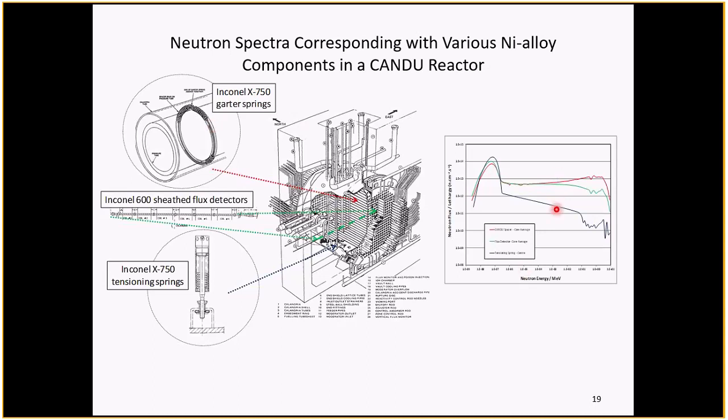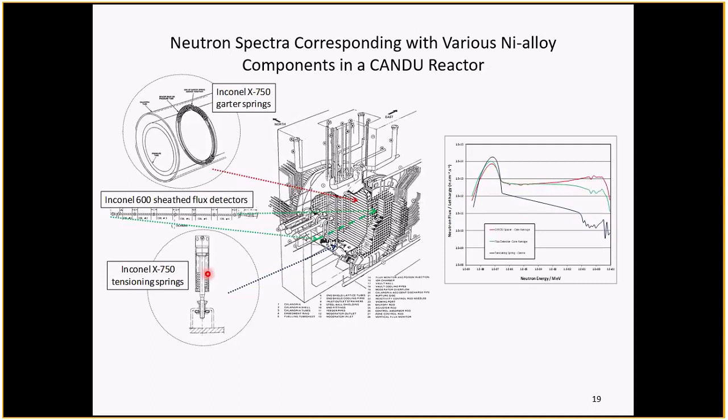So here's a spectrum for the Candu reactor for these 3 particular locations. The green here corresponds to the flux detectors, as you can see, and then the red corresponds to the spacers, and the blue corresponds to these guide tube tensioning springs. The thing to note is, whereas the fast flux is dropping, going from this to this to this, the thermal flux is high.